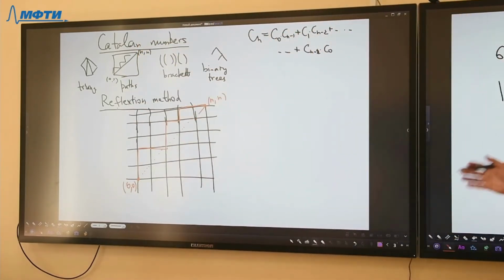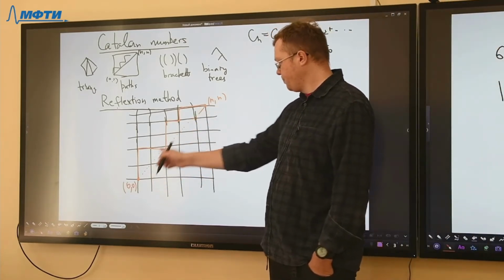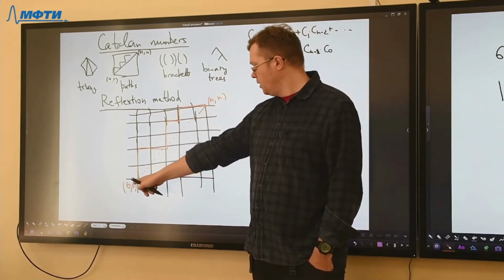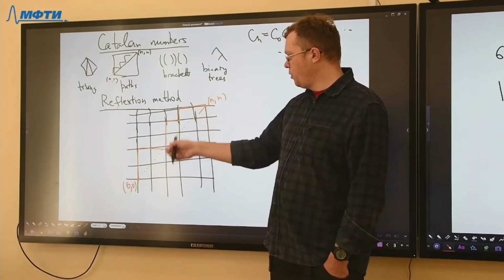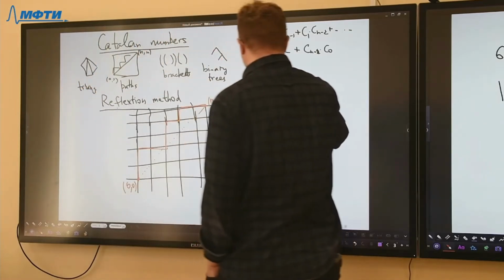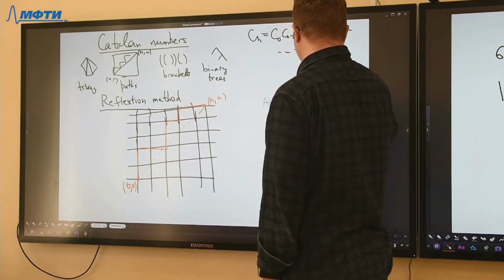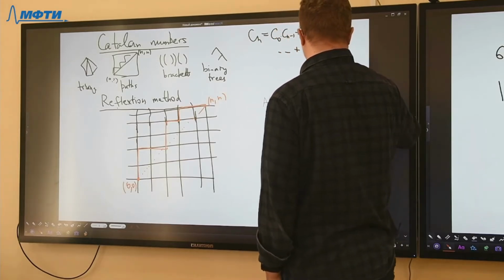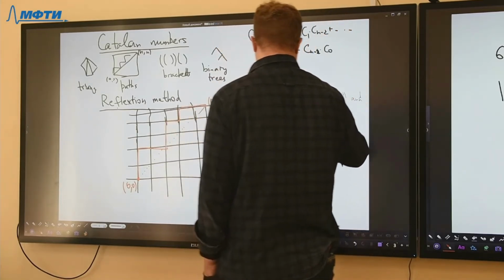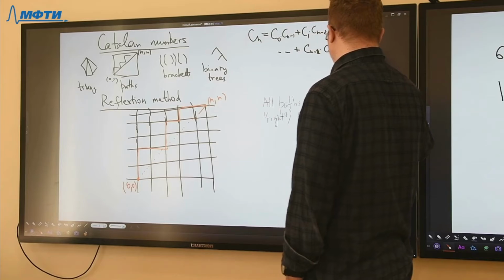And this grid is useful because if we forget about this property, how many paths are there from (0, 0) to (n, n) if you're going only up and right? Do you remember the formula?